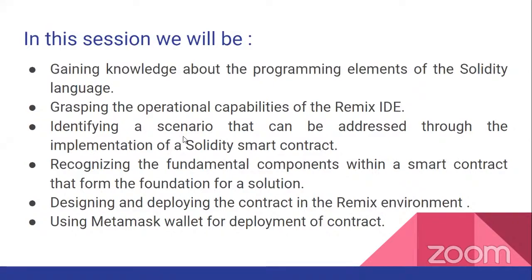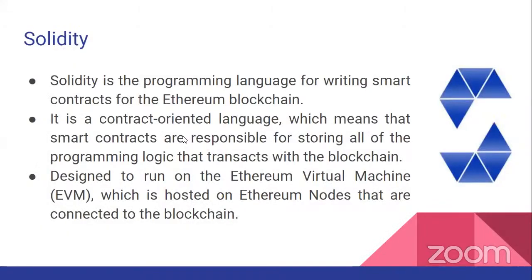Next, what is Solidity actually? Solidity is a programming language for writing smart contracts. It is a very basic language that has constructs very similar to C and C++ or Java, if you have learned these kinds of languages.